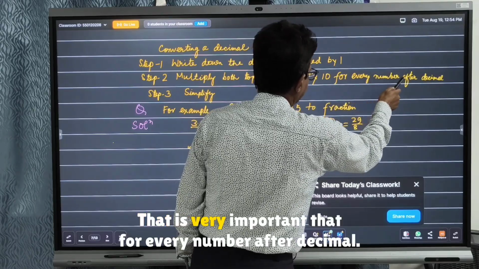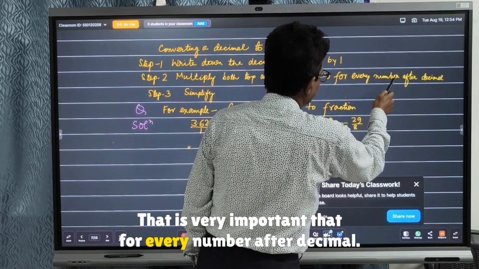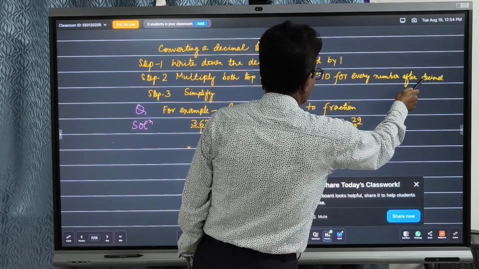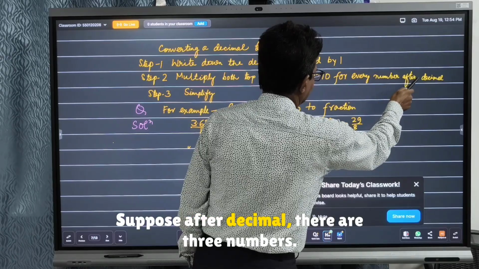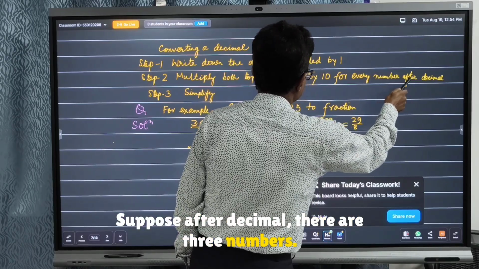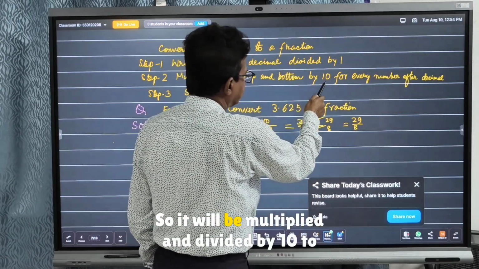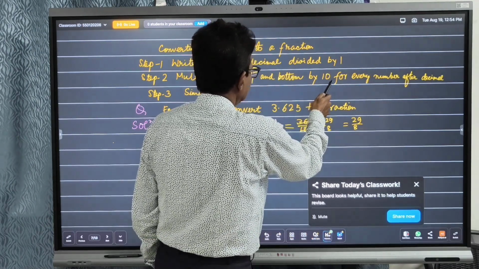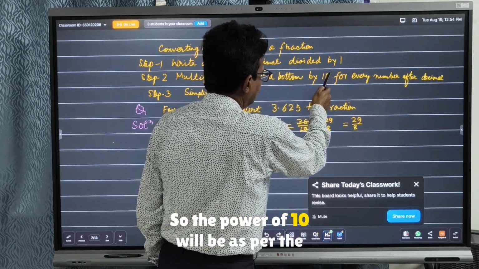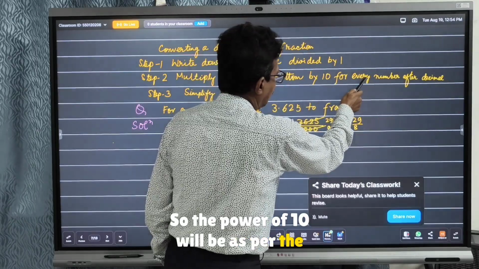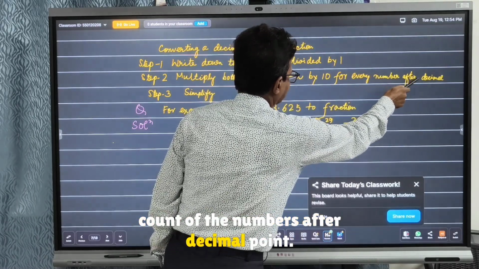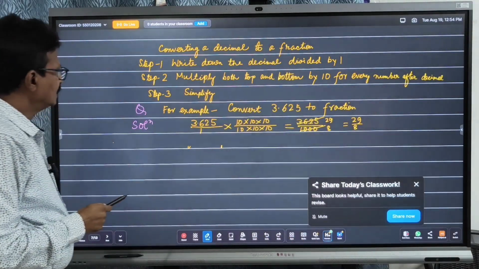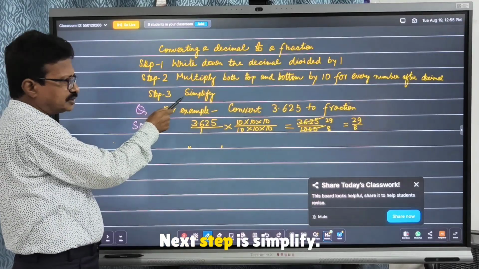That is very important. Suppose after the decimal there are 3 numbers, so it will be multiplied and divided by 10 to the power 3. So the power of 10 will be as per the count of the numbers after the decimal point. Next step is simplify.